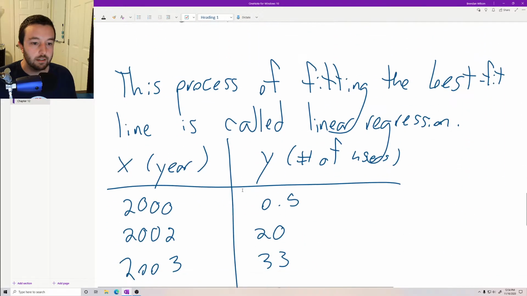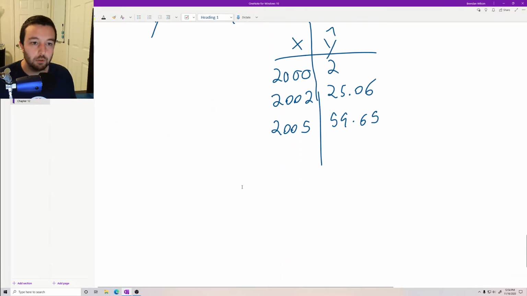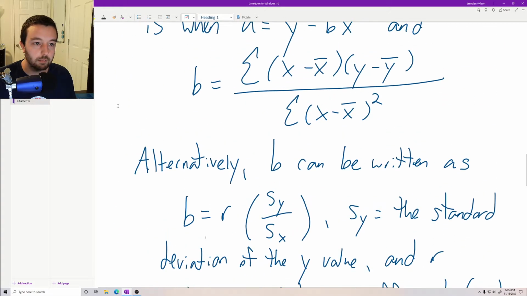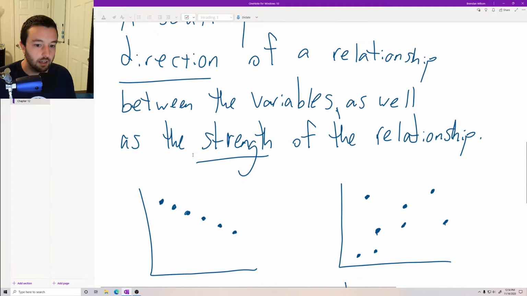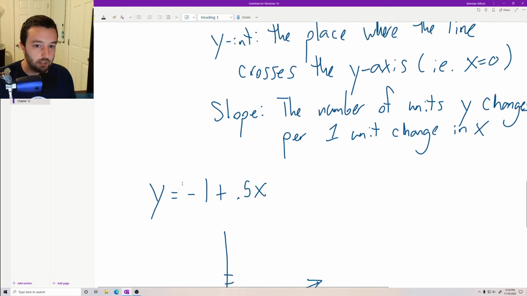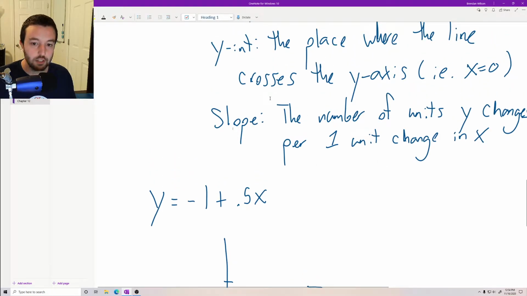So the book then makes a point of talking about the idea of the slope, which we already really talked about earlier. We can find that here. I think it was all the way back right here. The slope in general tells you the number of units y changes per 1 unit change in x. So putting this more into the variable language, it's the number of units that the dependent variable changes every time you change the independent variable by 1.